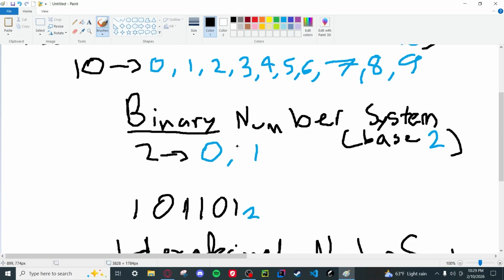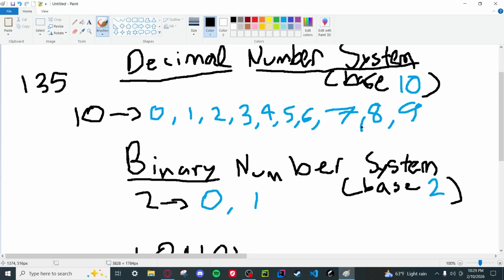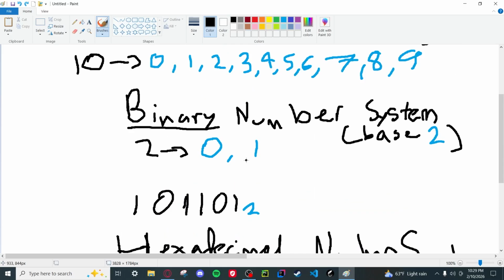And I think one thing that's kind of interesting to notice is that all these number systems stop right before their number. Decimal is base 10, but the last number you're allowed to use here is 9, right? Binary is base 2, but the last number you're allowed to use is 1.